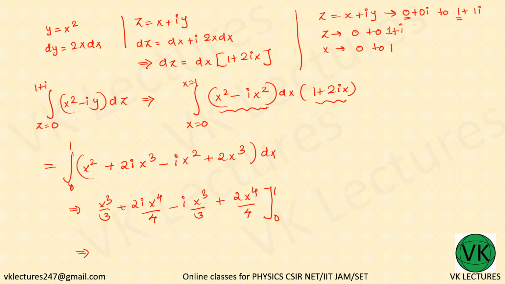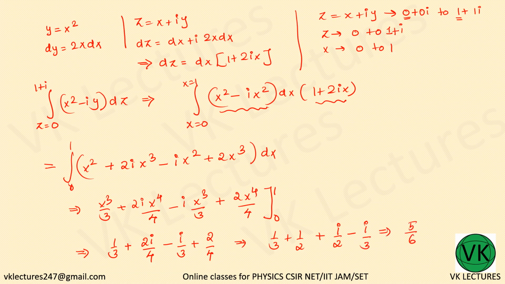So x cube, so 1 by 3 plus 2i into 1 by 4, 2i by 4, minus i by 3, plus 2 by 4. 1 by 3, this is 2 by 4 is 1 by 2, plus 1 by 2 plus i by 2 minus i by 3. This gives us 5 by 6 plus i by 6.